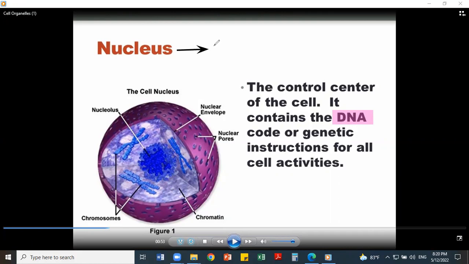So, if you want to write that separately in your writing book, everyone: nucleus contains chromosomes. Chromosomes contain what? DNA. DNA contains what? Genes.